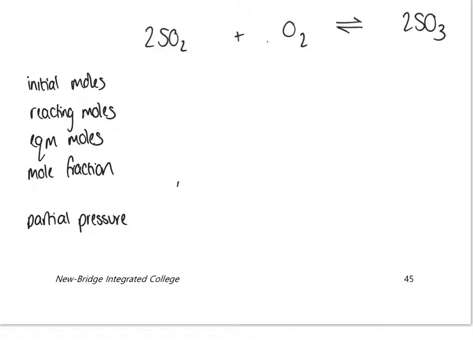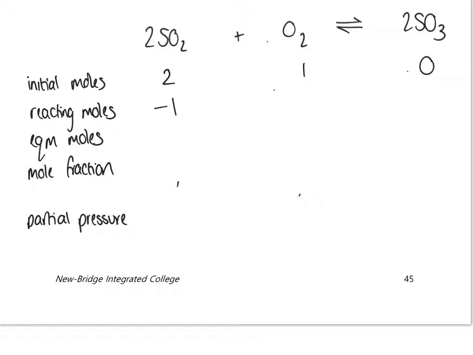What are my initial moles of sulfur dioxide? 2. Initial moles of oxygen? Initial moles of sulfur trioxide? 0, always 0 for your products. Reacting moles, which one do I know? The one of sulfur dioxide. We worked out that 1 mole reacts, so I write -1.